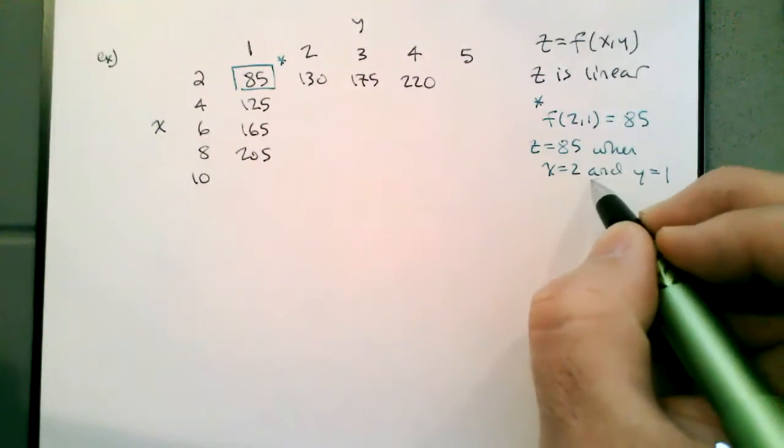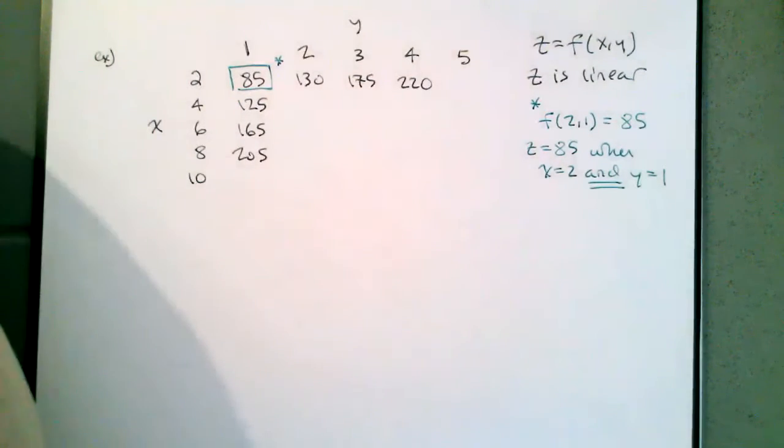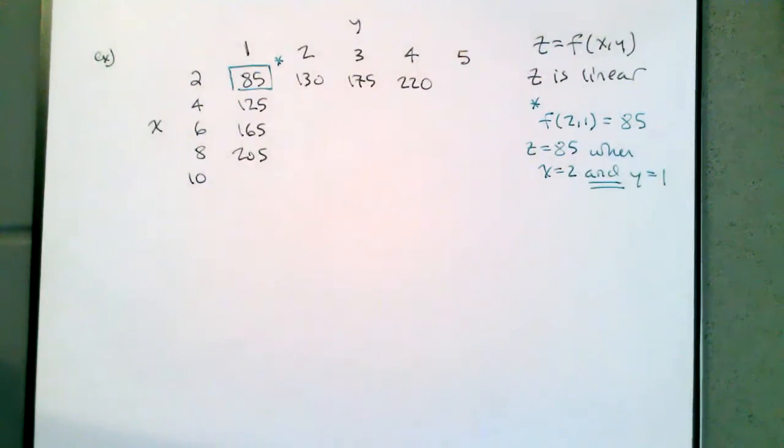Notice that we have to have x equals 2 and y equals 1. We have two inputs. It would be unreasonable for me to say, what is the value of z when x is equal to 10? That's not enough information. That's like saying my address is 3300. You need two coordinates to make an address.